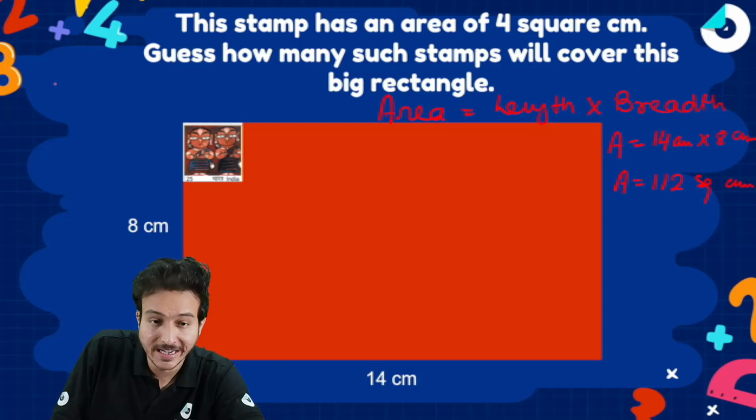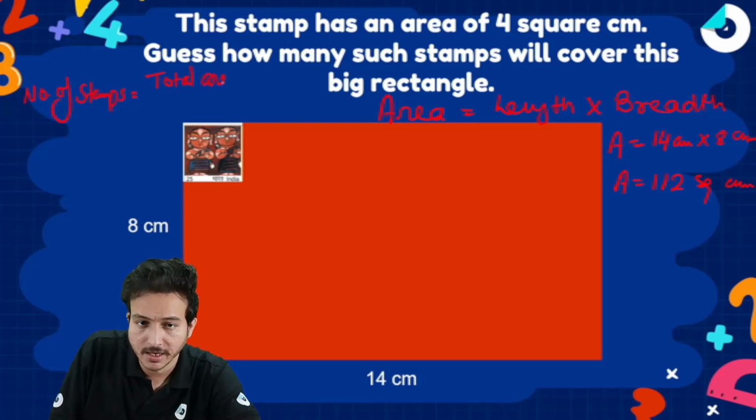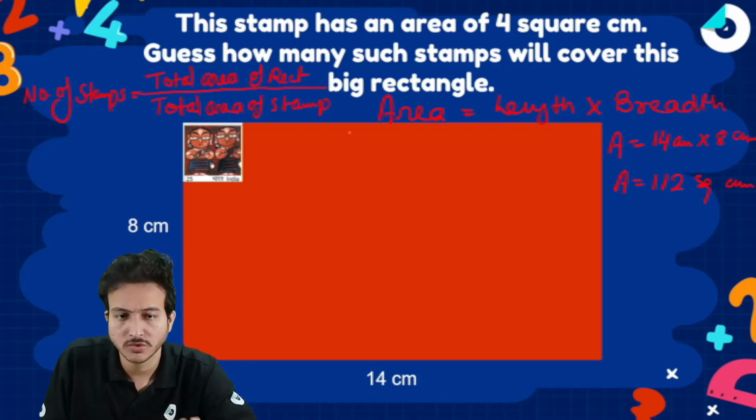In order to find the number of stamps, we will first find the total area of this rectangle and divide it by the total area of one stamp. So this will give you the value.